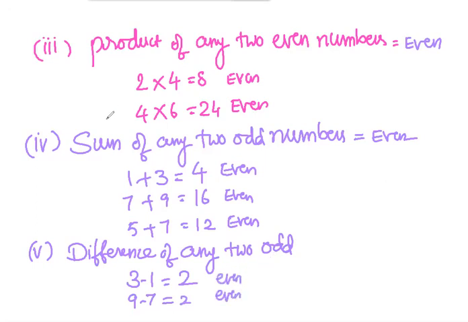Let us take 15 minus one more odd number, 9. 15 minus 9 is 6, also an even number. So the difference of any two odd numbers is also an even number only. We can conclude that the difference of any two odd numbers is an even number, and the sum of any two odd numbers is an even number.